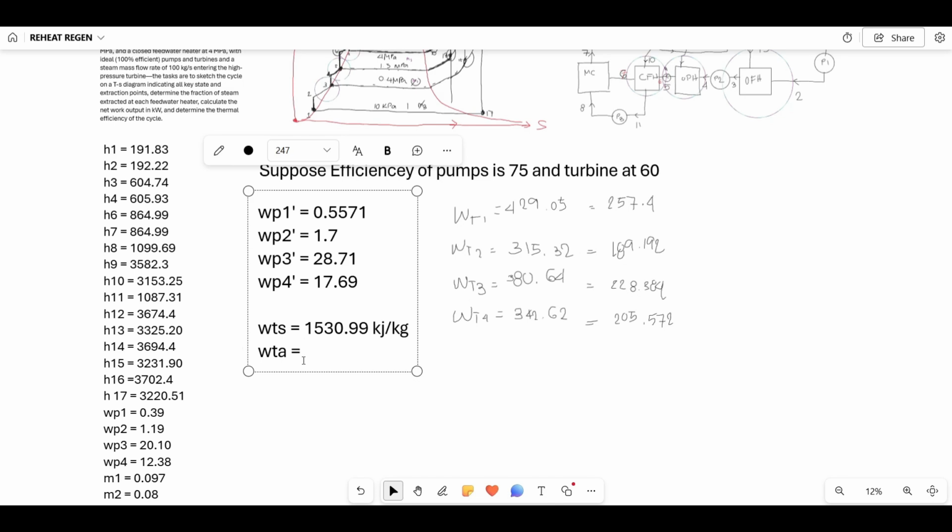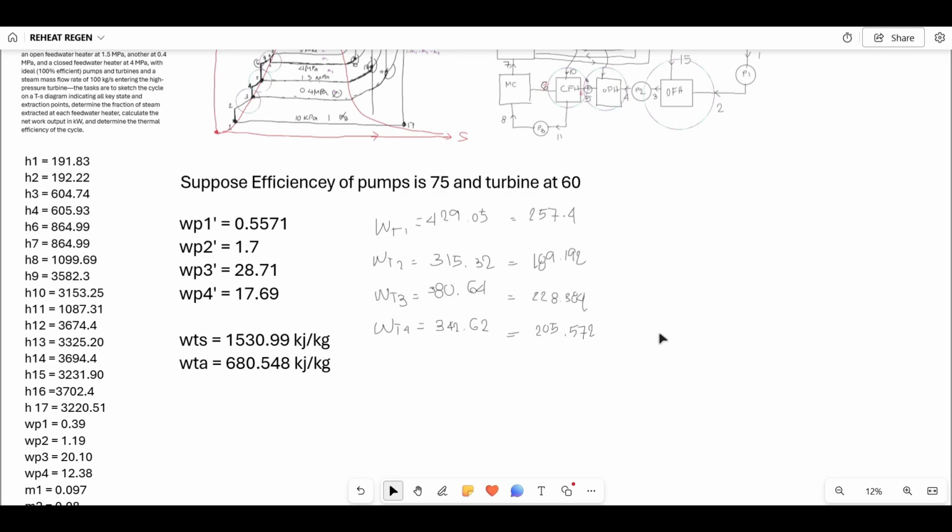So we have now a really small number. This reflects 60%, so 54.8 kilojoules per kilogram. So now we have actual numbers.